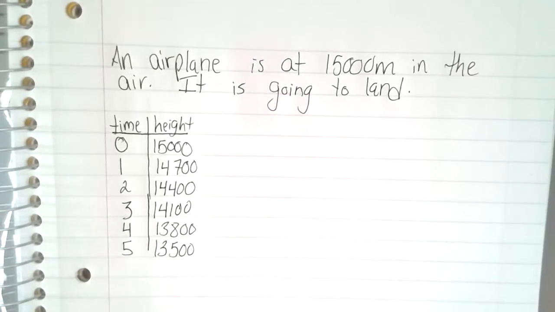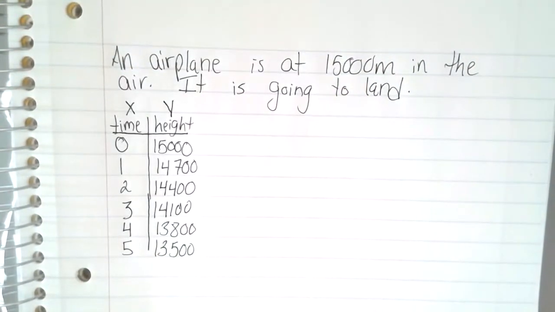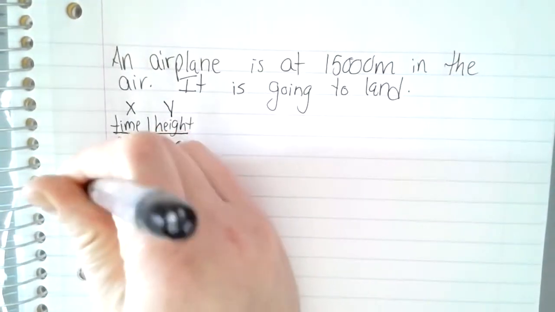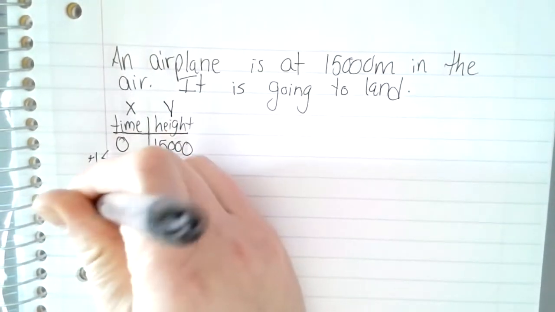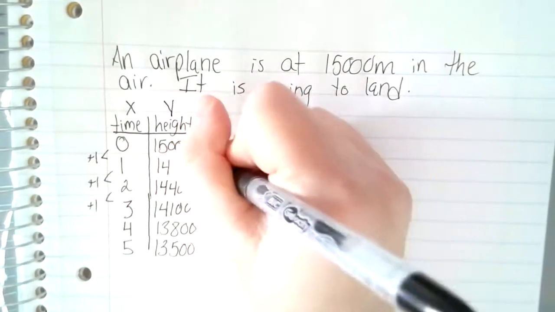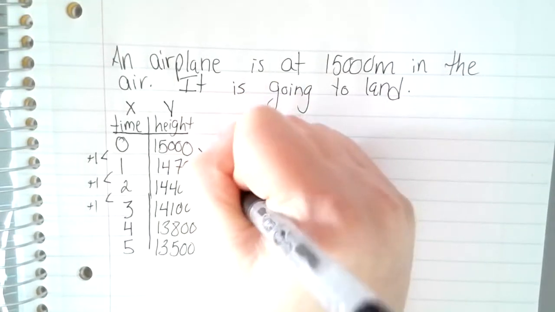In past years, you would have seen these labeled as X and Y. They technically still have the same roles. They are just going to be labeled differently depending on the situation. Here, you're going to notice it goes up by 1 each and every time. And that's going to continue from there on out. Whereas here, you're going to notice it's going down by 300 each time.